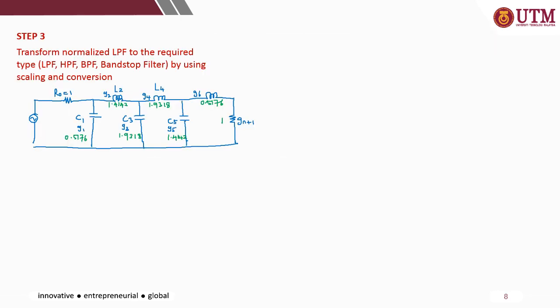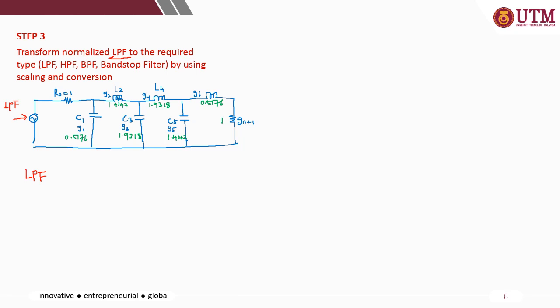Once you have the normalized circuit, as from the previous slides, you now need to transform the normalized circuit into the actual circuit. The question asks you to design a Butterworth low pass filter, meaning the circuit is in low pass filter mode. From the second step, you always come up with the low pass filter circuit normalization.